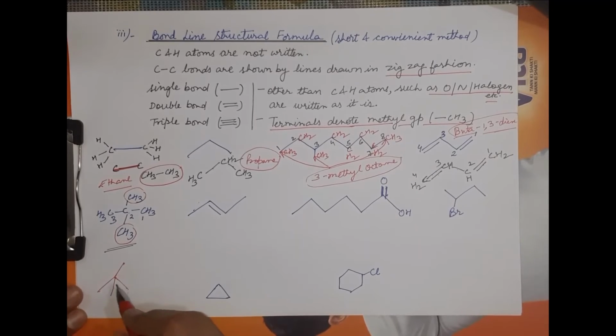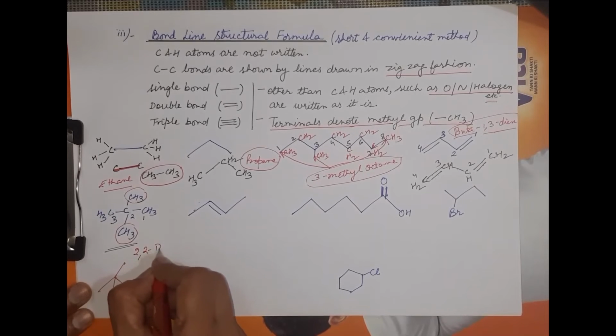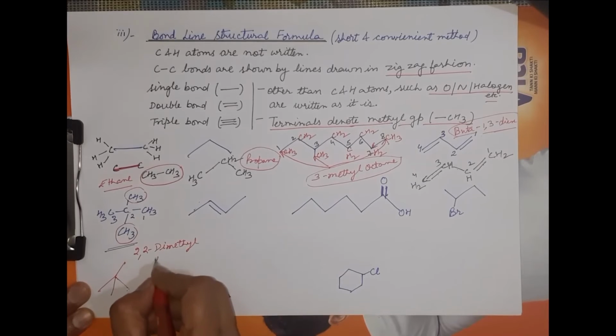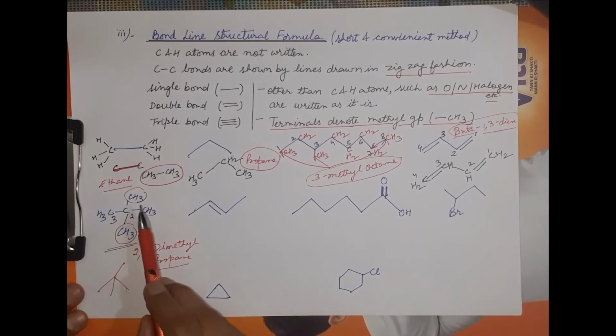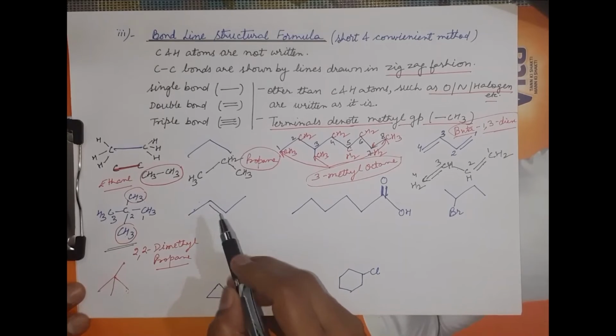So this will be the bond line formula for this compound. And what will be the name for this? 1, 2, 3. Name will be 2,2-dimethyl propane. So for this name will be 2,2-dimethyl propane.